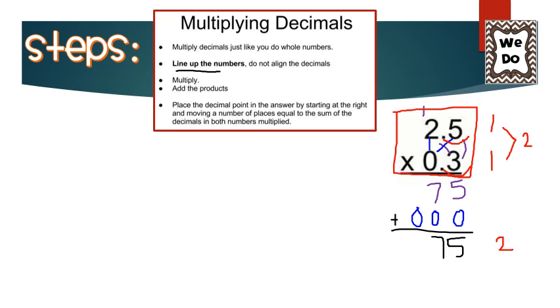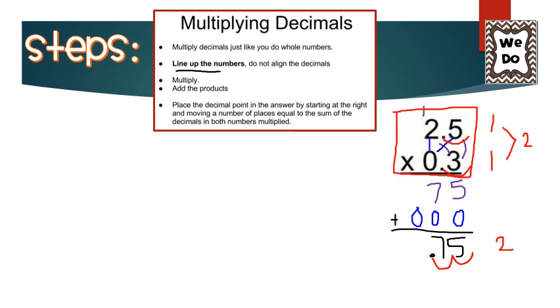So remember, you start at the far right and count 2 places to the left and we place our decimal point there. Remember, it's very important. You always have to start at the far right of your number when you're putting those decimal points in.